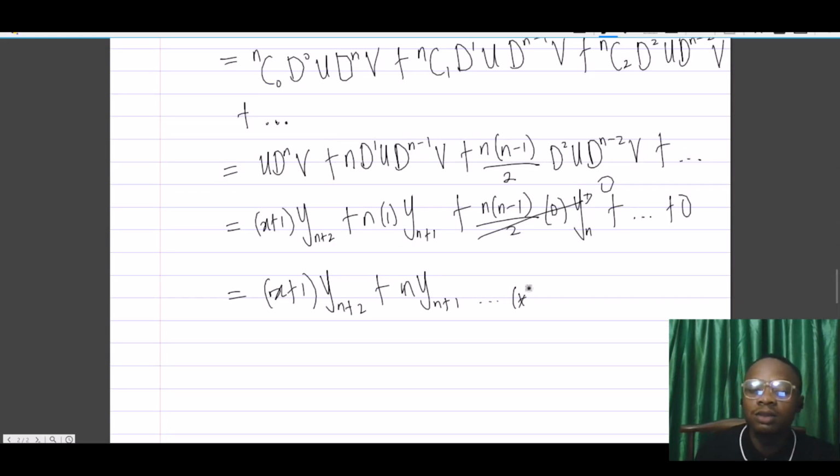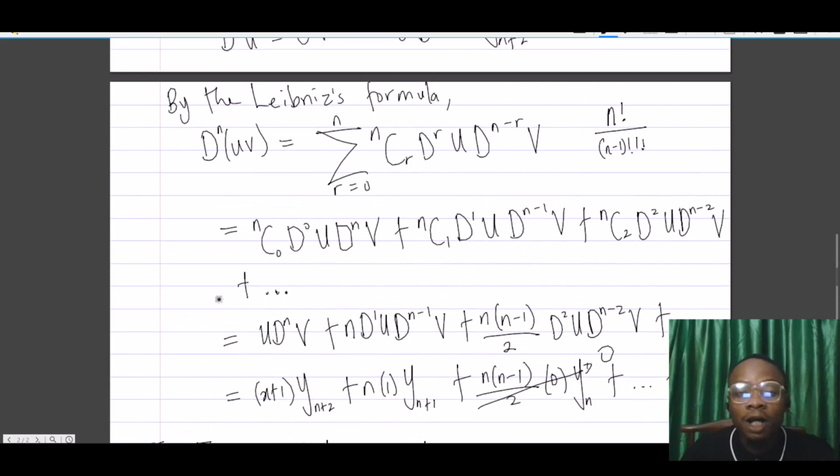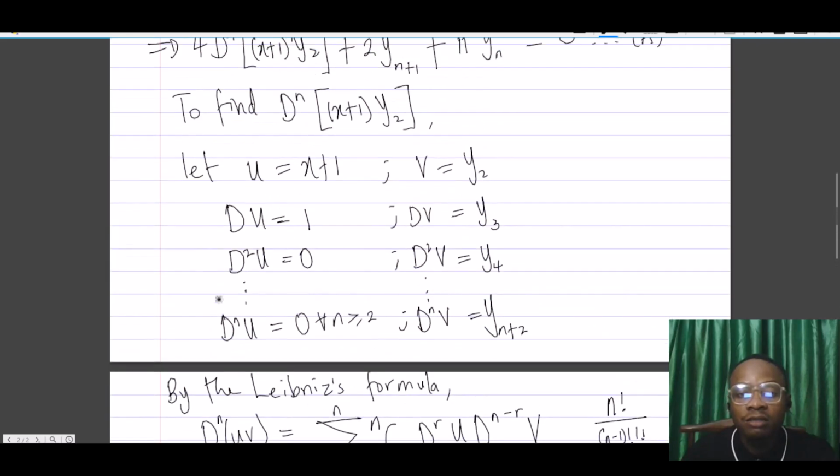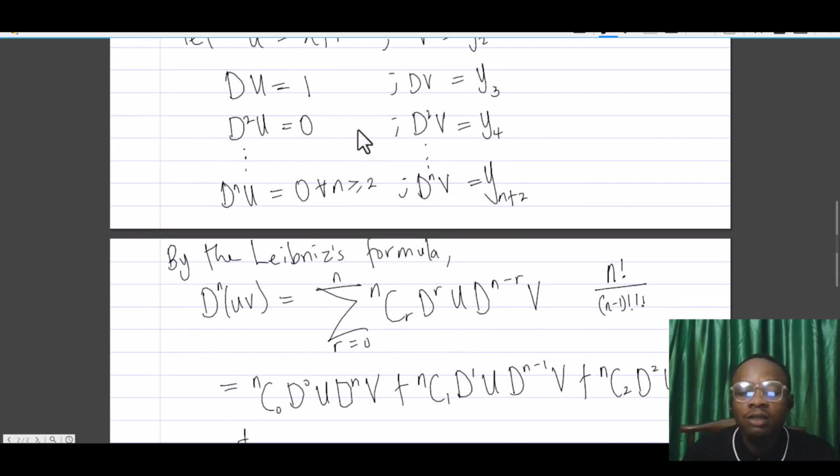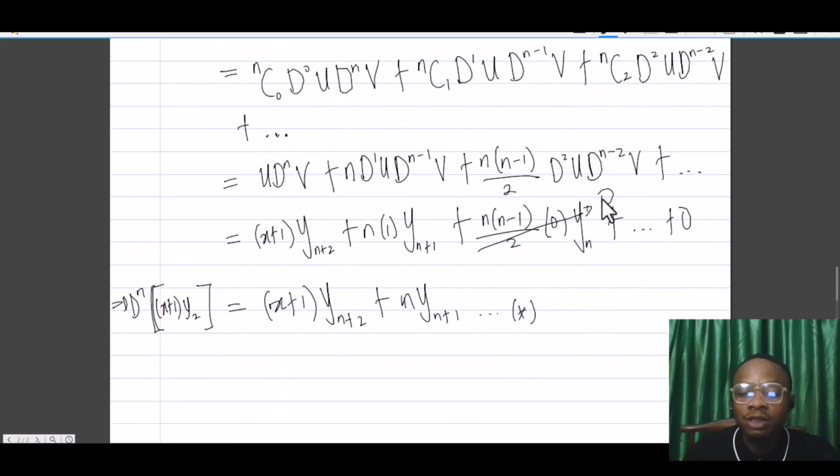Basically this is the n-th derivative of x plus 1 multiplied by y2. This was the derivative we were trying to obtain. So we've obtained the derivative now to be this.